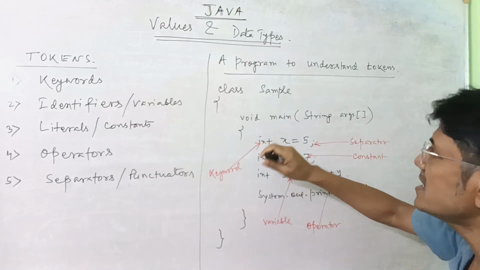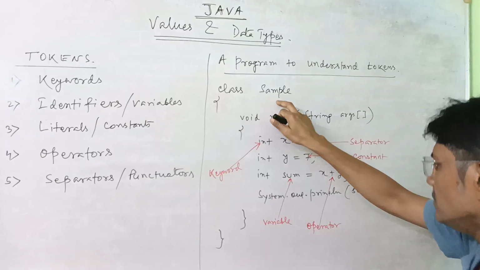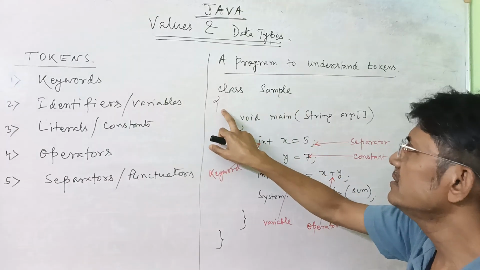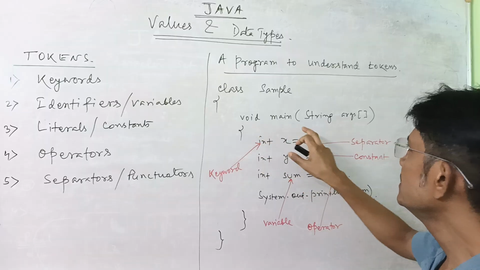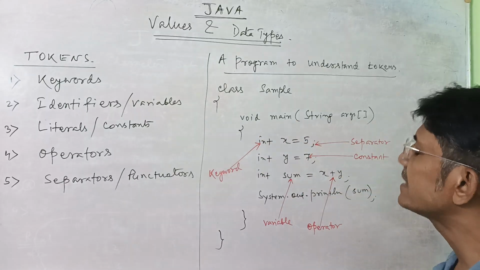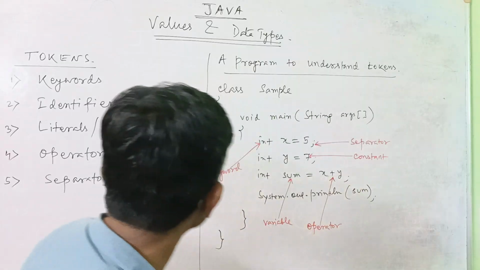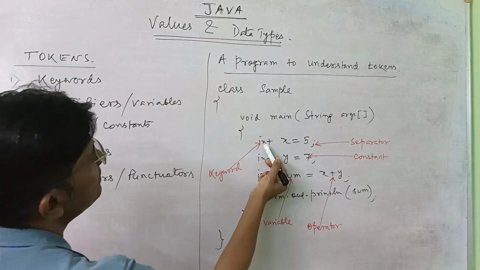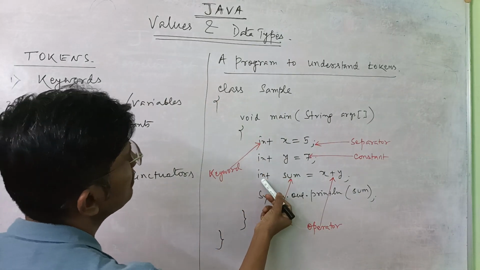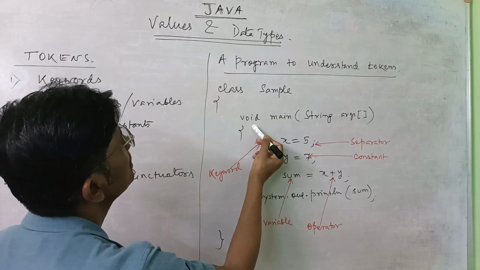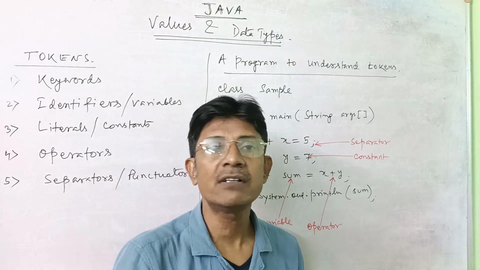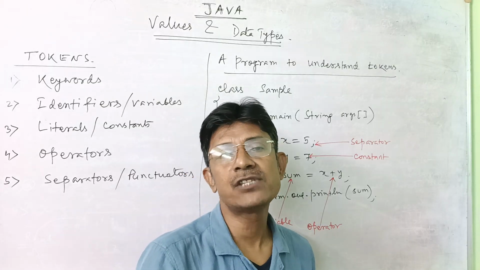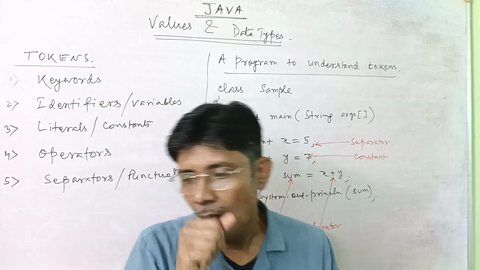You see the different things I have written over here: punctuation, separator, keyword. First, keywords. These are keywords. A keyword means a word which is reserved in Java, so we cannot use it as a variable name.